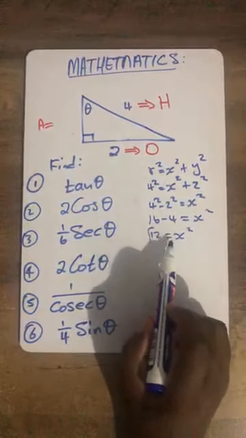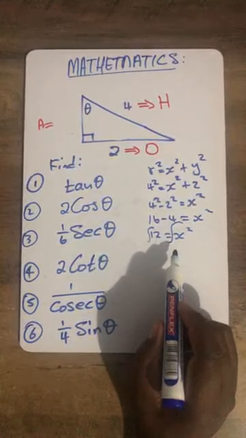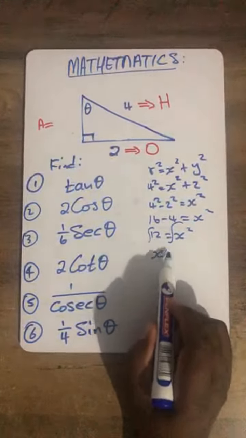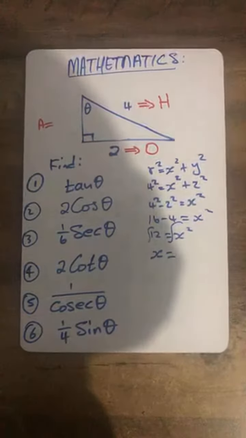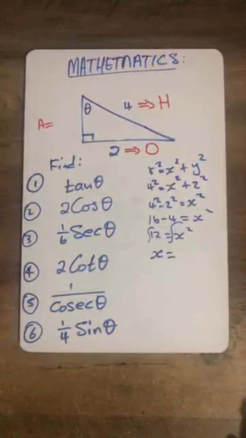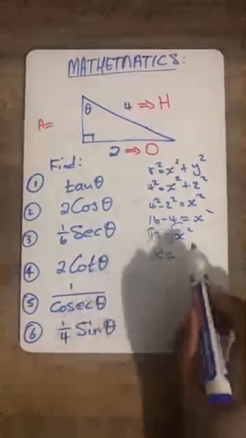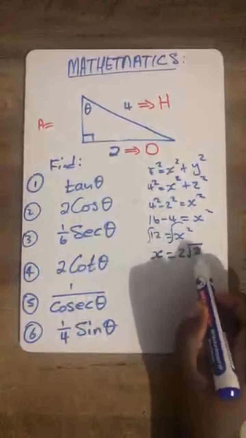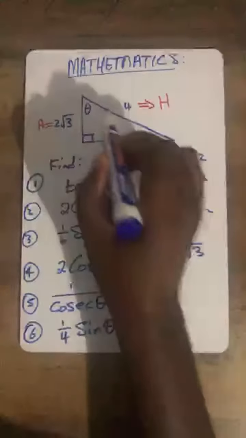So that means you will need to square root both sides. It seems like our x will end up being square root of 12. Let's see what that is. I think it will just remain a square root of 12. Okay, we have something there. So that means there we are having 2 square root of 3. So that means that side is 2 square root of 3.